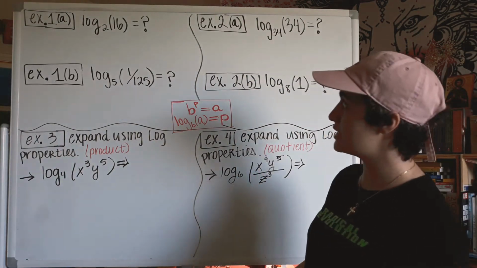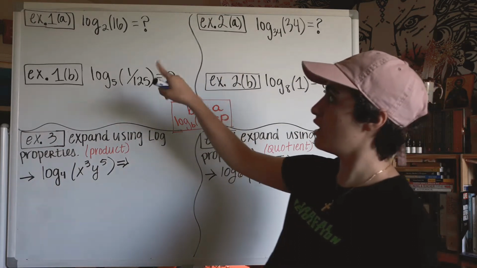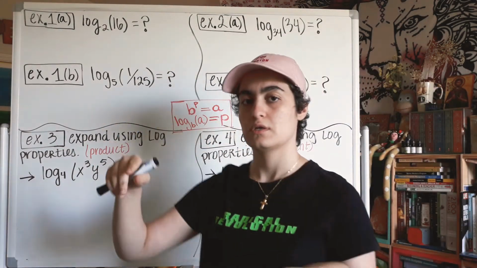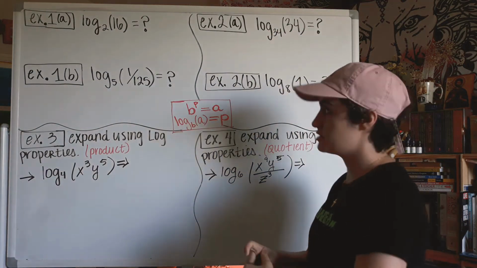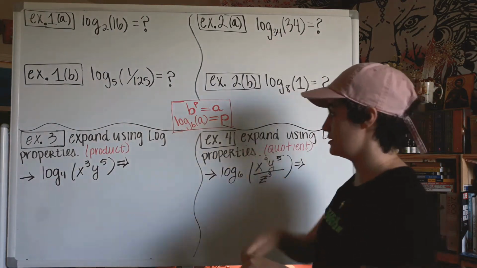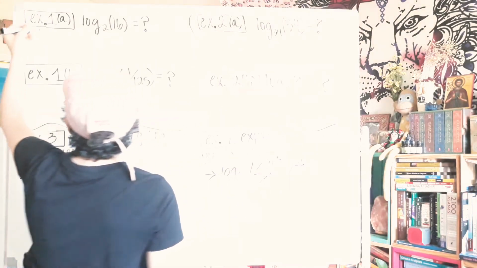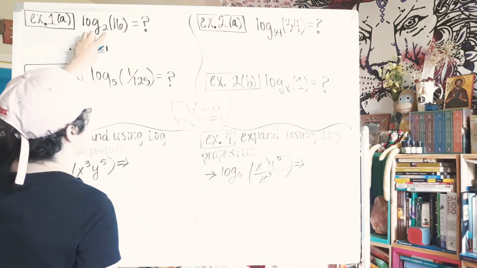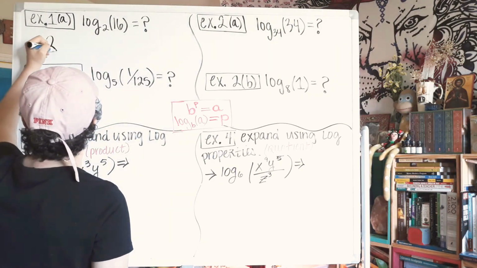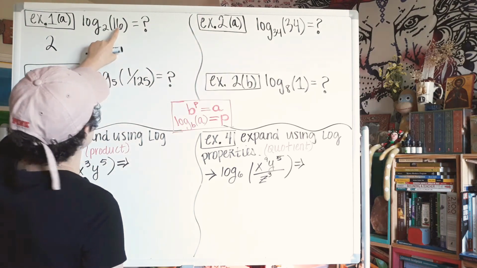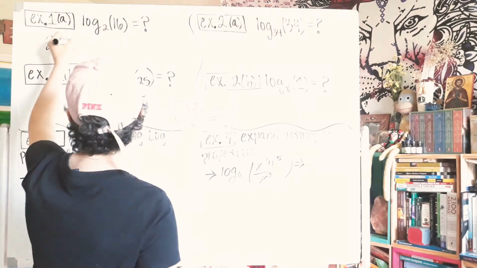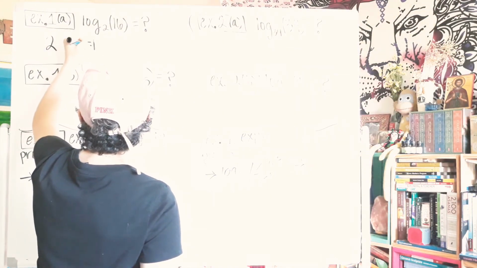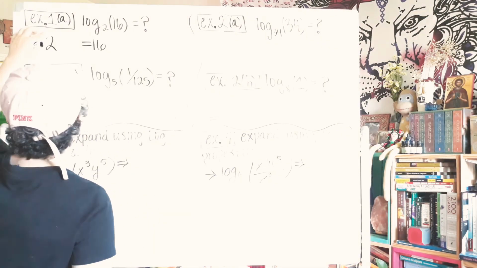So example 1a, log base 2 of 16 is equal to what? So I'm going to rewrite it in terms of this. This is my base, so base 2. This is my answer, the answer that I actually get, equals 16.